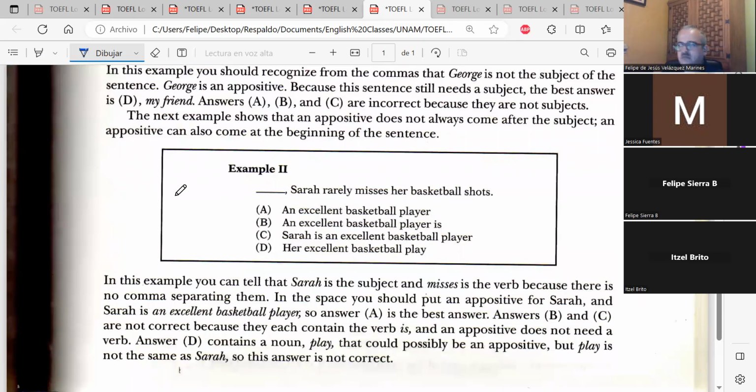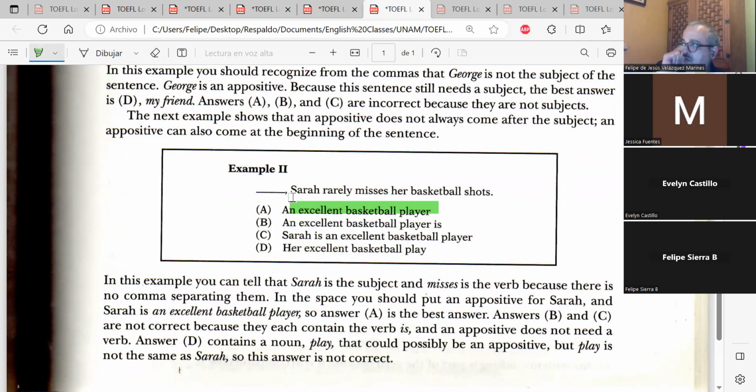Let's continue with Evelyn. "Blank, Sarah rarely misses her basketball shots." We will start with the appositive: "An excellent basketball player, Sarah rarely misses her basketball shots." Now, you said that we need an appositive here because we are studying appositives and you only have one comma.